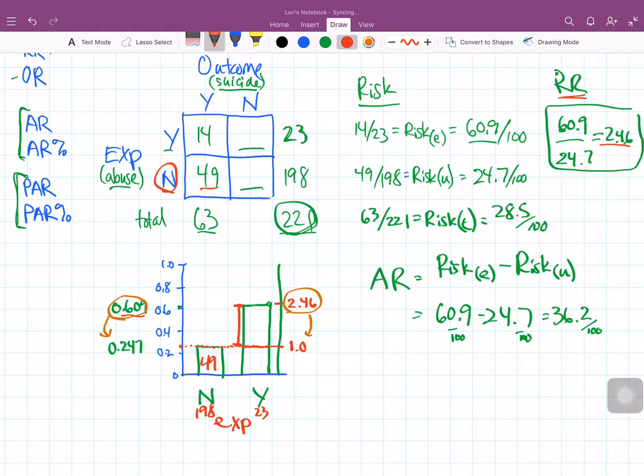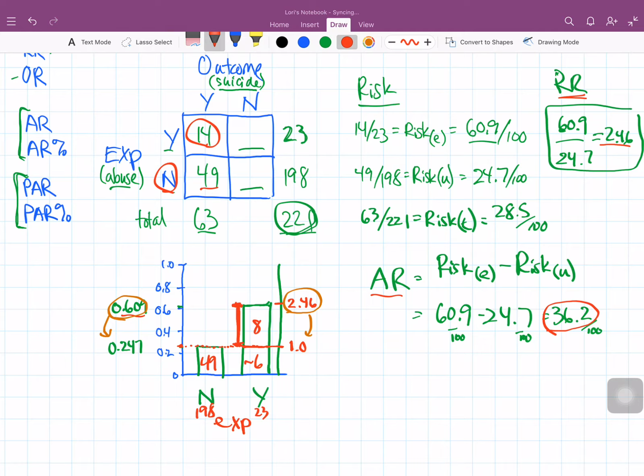Now, if that were the same as the unexposed group, or 24.7, we would expect approximately 25% of 23, which is somewhere around 6. Well, instead of having 6, we had 14. We had 8 whole extra right here. And so that difference is 36.2 per 100. And so it's this sidebar right here. It's the amount that the risk in the exposed group is higher than the risk in the unexposed group. So that's our attributable risk.